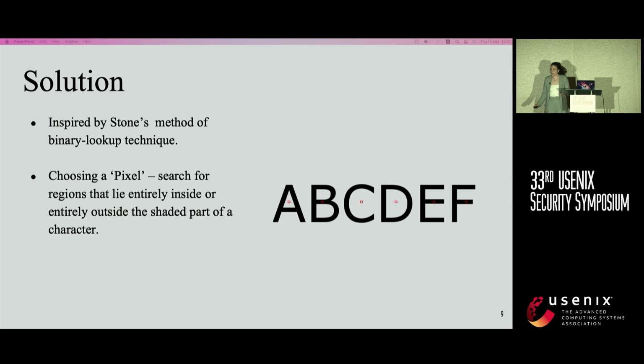So with binary lookup, we can differentiate all of the letters from each other, and by just accessing 10 pixel values of those letters, we can see which letter it was. Here you can see the dot in the middle can differentiate between A, C, D and B, E, F.